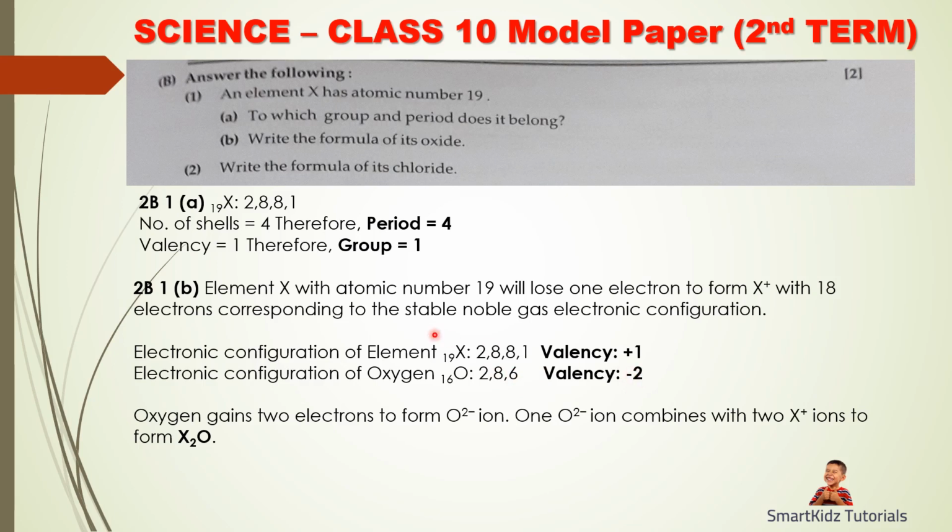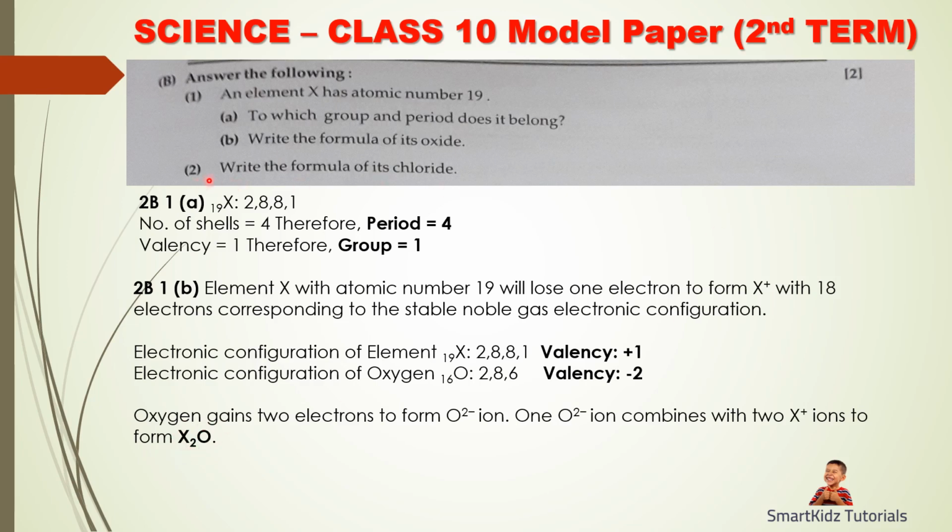So if we pair up the -2 and +1, the way we did the pairing work in class 9 to get the compound, then we get this molecular formula, that is X2O. The element X combining with oxygen, so that's the oxide of this particular element X.